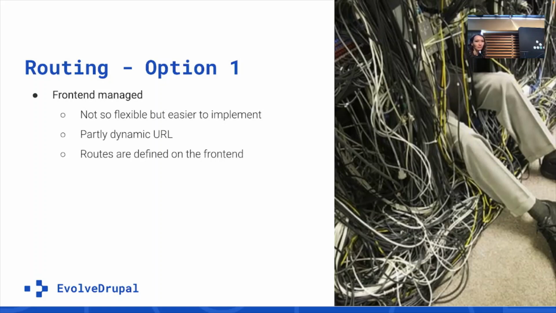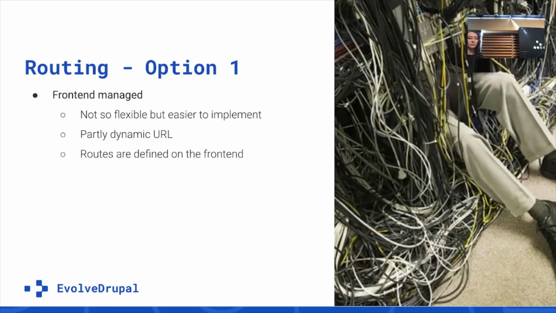So when we were developing this project, and when we did some decoupled projects before as well, we noticed common challenges that you will encounter for all decoupled websites. The first challenge that we found was routing. There are mainly two options: you either route using the front end or you let your CMS do the routing for you.